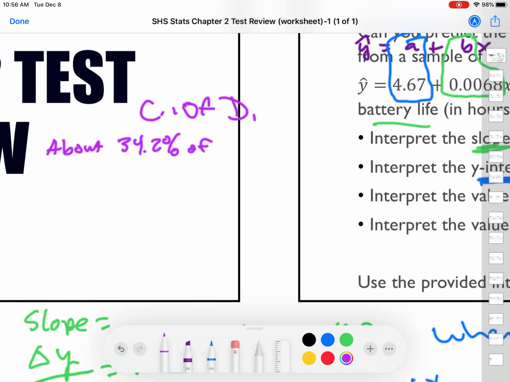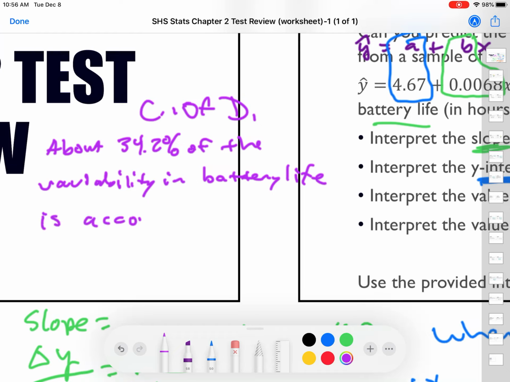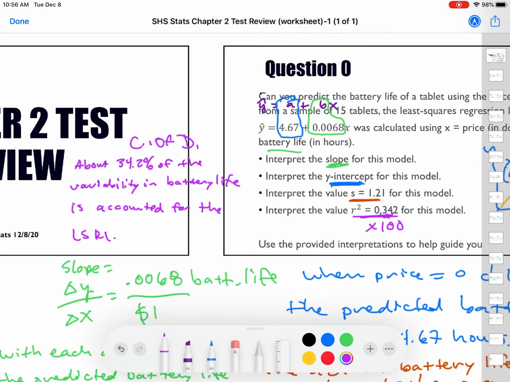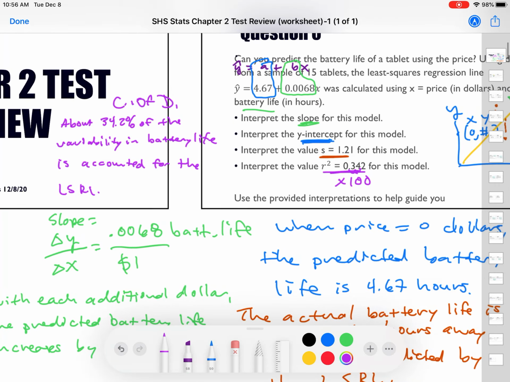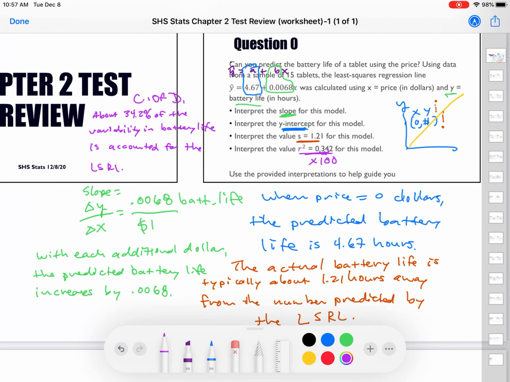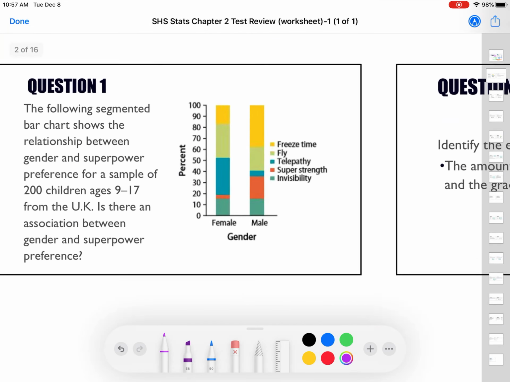Of the variability in the y, which is the battery life, is accounted for by the least squares regression line. Okay? So that's question 0. Let's go on to question number 1.